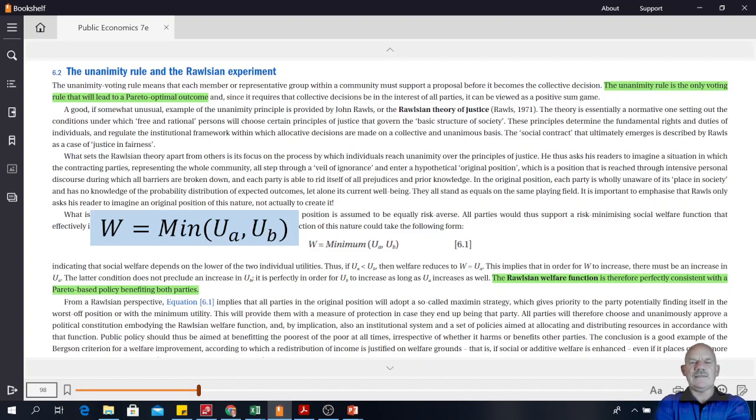If that was the case, then we would want to redistribute. We would want to give from the rich to the poor, because then the welfare of society would increase, because the minimum would become bigger.